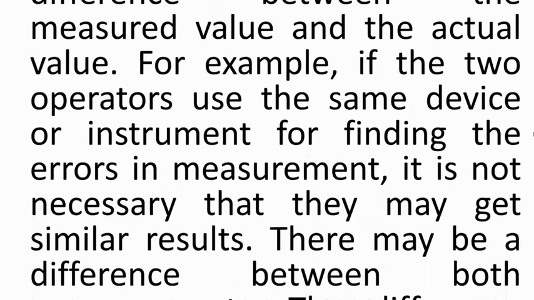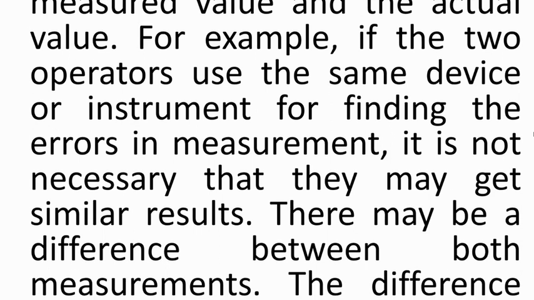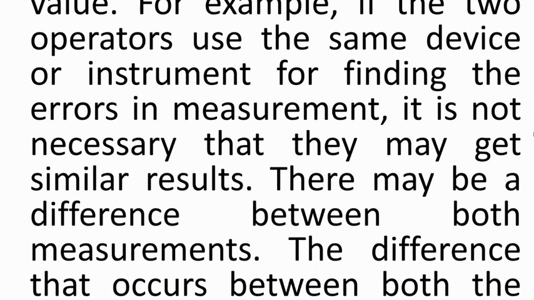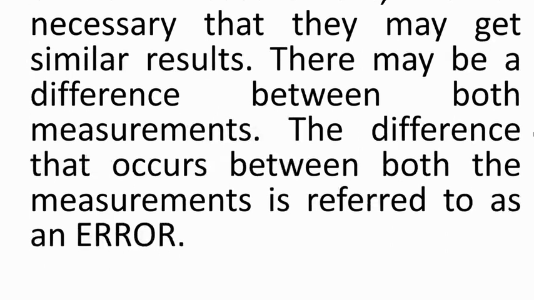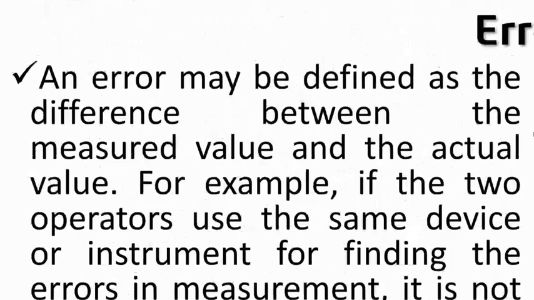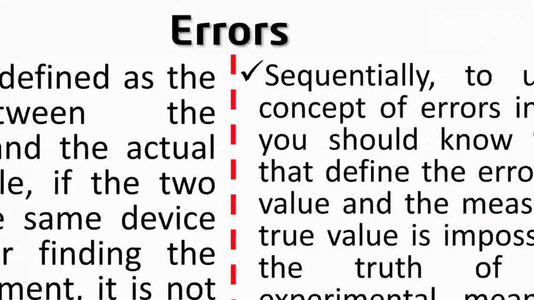For example, if two operators use the same device or instrument for finding the error in measurement, it is not necessary that they get the same result. They will get similar results. There might be differences between both measurements. The difference that occurs between both measurements is what is referred to as error.